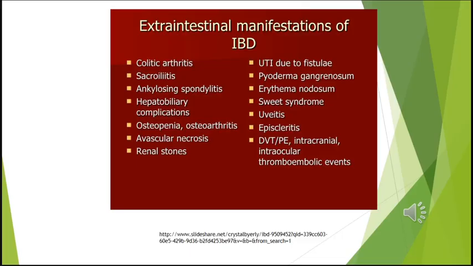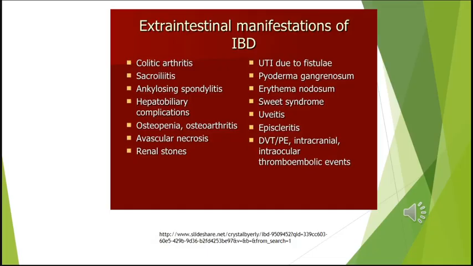So it's not unheard of with Crohn's and ulcerative colitis to have extraintestinal manifestations. Oftentimes we can have something called colitic arthritis. You can have sacroiliitis, or inflammation of the sacroiliac joints. Ankylosing spondylitis is a common occurrence in men of Norwegian descent.